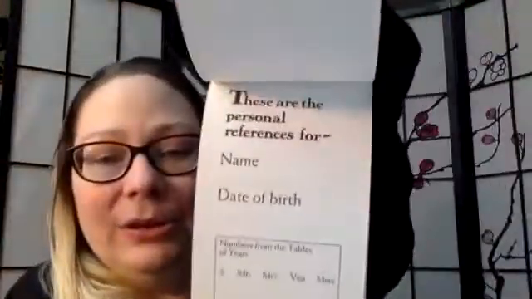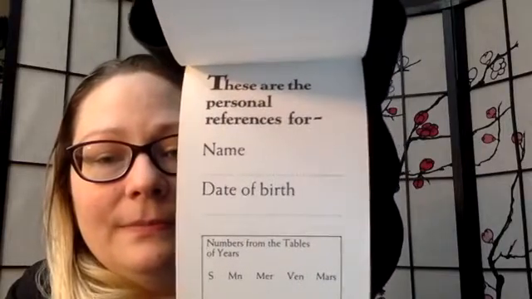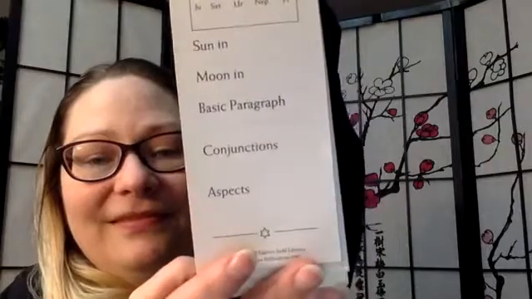So here we have the notepad, and this is how you do it by hand. So it's kind of cool. So that's how you would use astrology for divination. Now, we often look at astrology slightly differently.